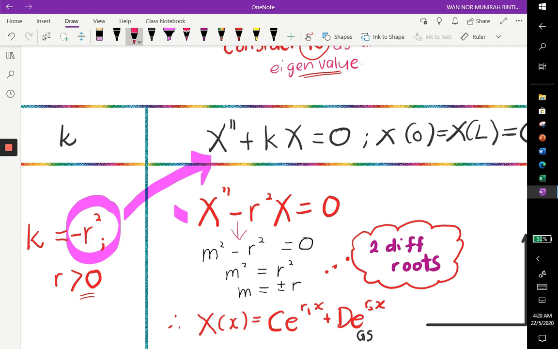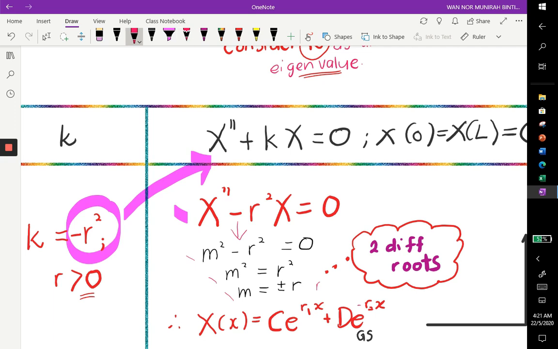So I have m square minus r square equals 0, m square equals r square, so m equals plus minus r, which means the first root is positive r, and the second is negative r.